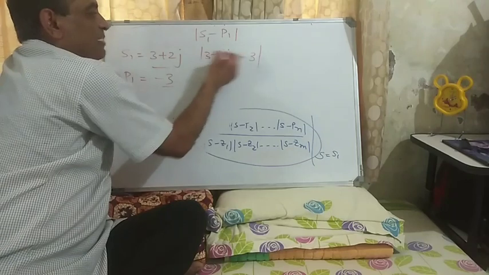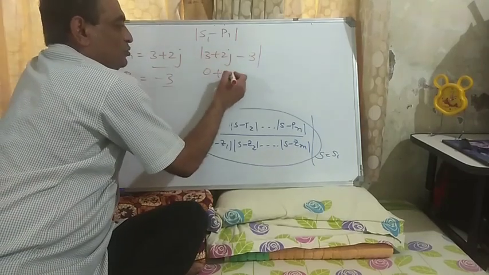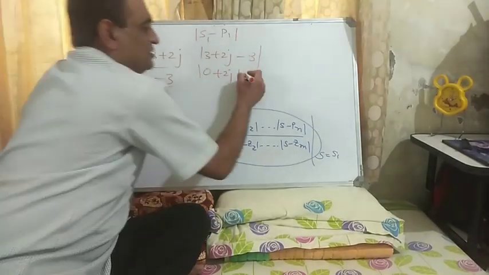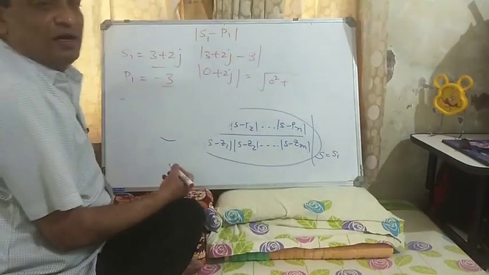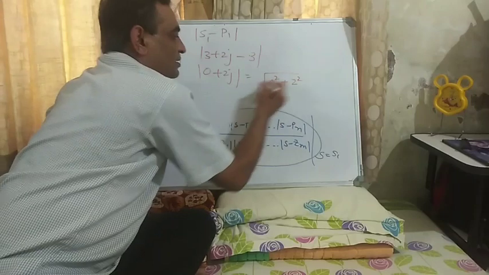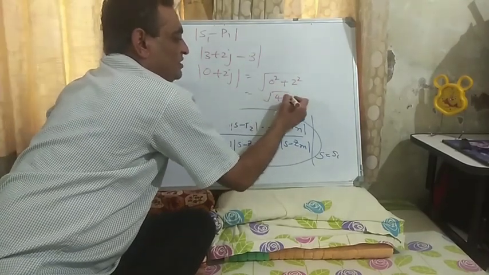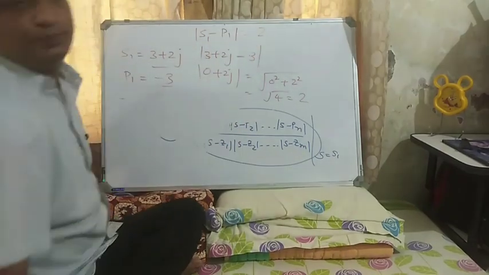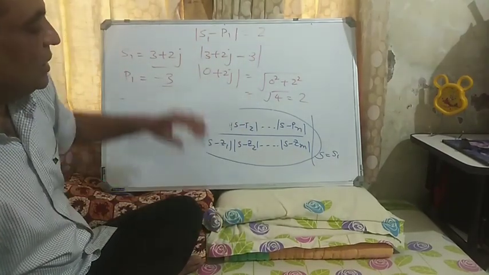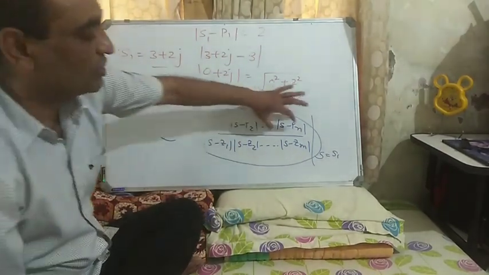So 3 minus 3 is 0, plus 2j. The magnitude is the square root of 0 squared plus 2 squared, which is the square root of 4, so the magnitude is 2. This is how you can calculate the magnitude of individual terms.